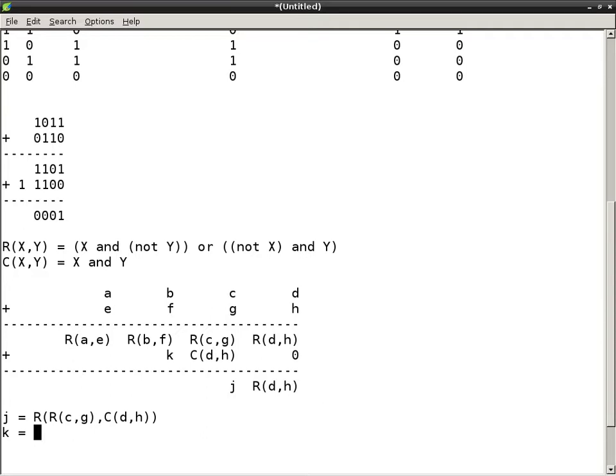It is representing the disjunction of two carries. It is the disjunction of the carry of this bit adding to this bit, or the carry of this bit adding to this bit here.